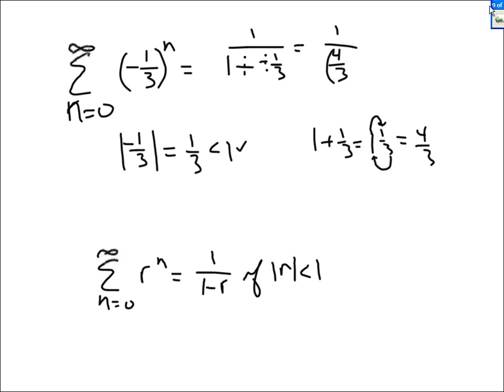And instead of dividing by 4/3, you keep the top the same, which is 1. You change division to multiplication, and you flip over the second number. And 1 times 3/4, that's your answer. If you added up those numbers, it'll add up to 3/4. And since it was a negative number to the nth power, the signs will alternate, but it still adds up to 3/4.